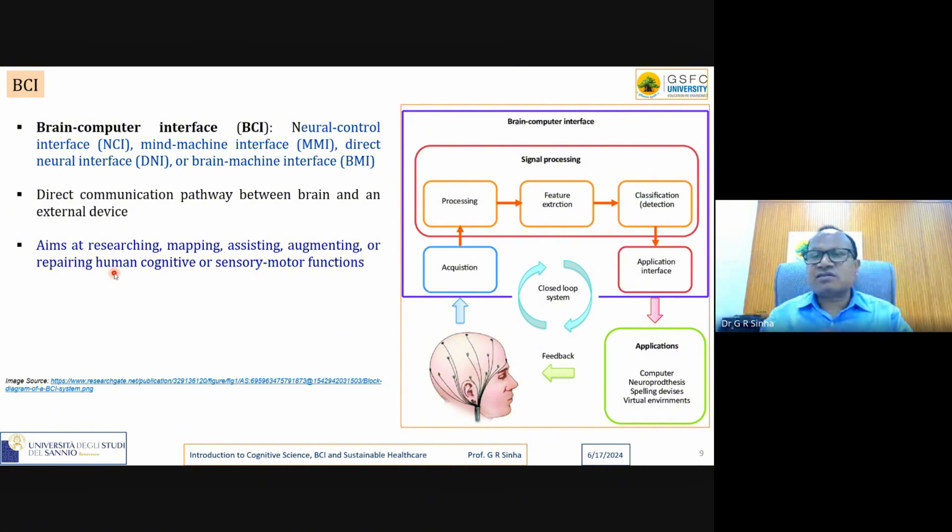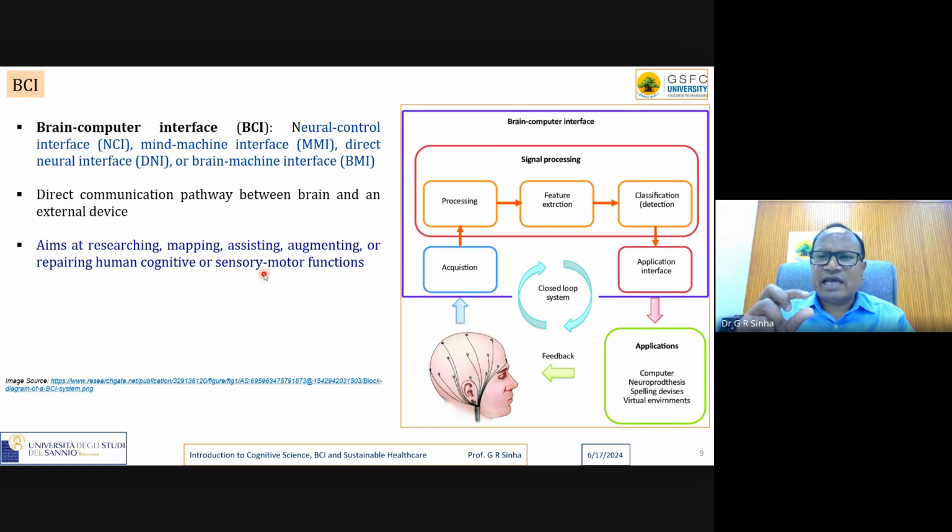Mapping the brain areas, I will explain the meaning of mapping in coming lectures. Augmenting, assisting. What is the meaning of assisting? Assisting persons, augmenting the performance of, say, a particular arm or limb that has a certain disability. There is some problem in a particular arm or other motor organ, maybe your arm or your leg.